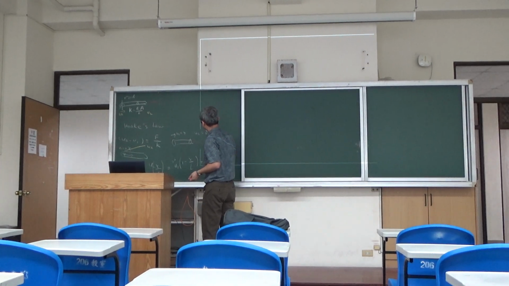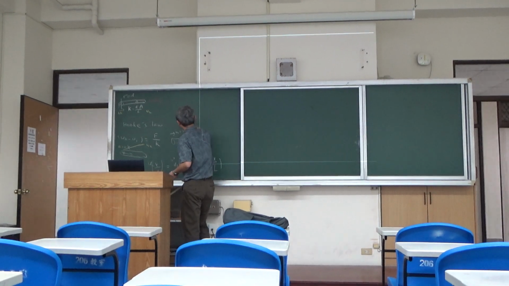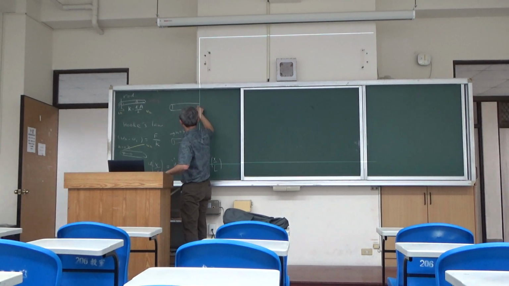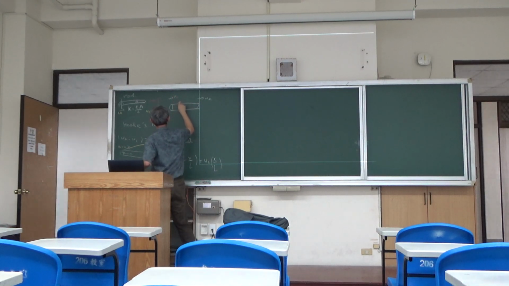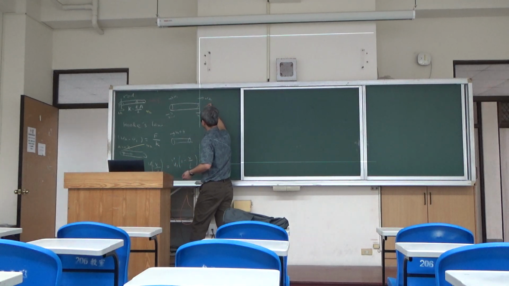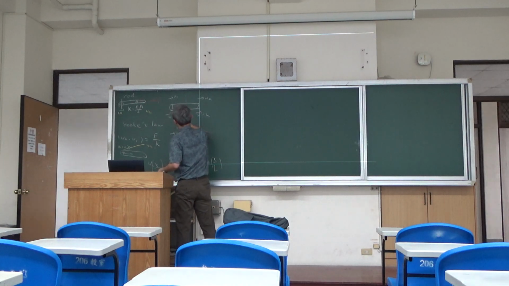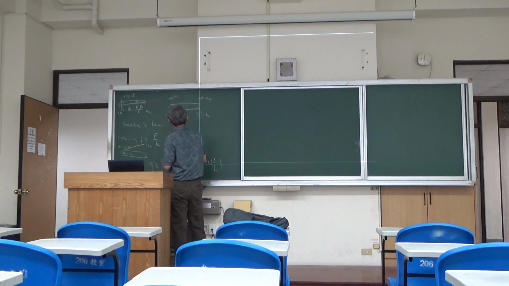You might know U2 here, that x equal to 0 is U1, and x equal to L is U2. Then my question is, at any point x here, what will be the displacement?